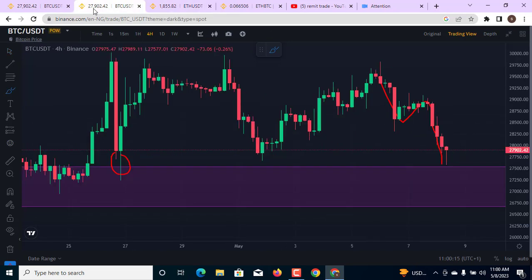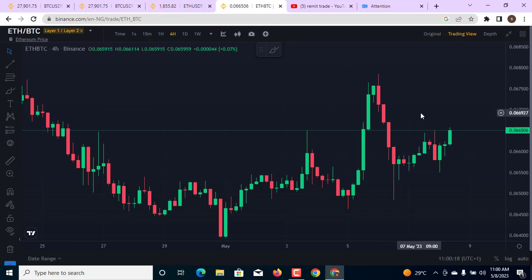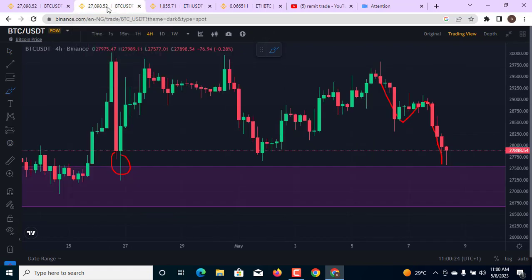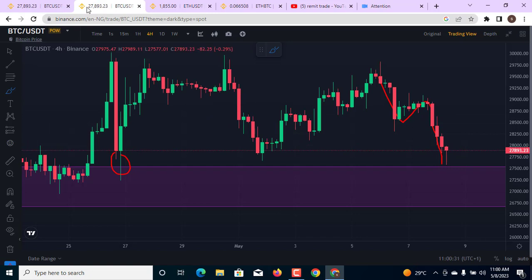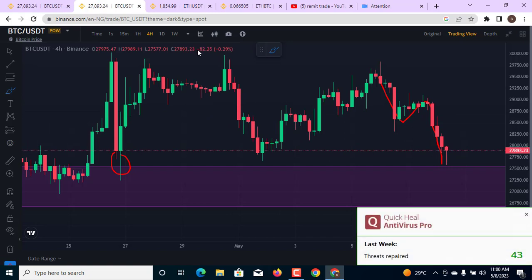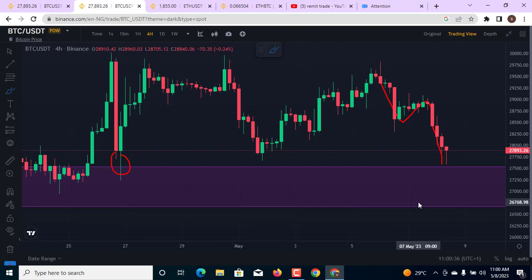That also implies that anytime you see the ETH BTC market moving to the downside with aggressive bearish candles, it means that ETH will be moving aggressively to the downside compared to BTC USDT. So this comparison is very important because it tells you where to take your short position, either on ETH USDT or BTC USDT, as the case may be.